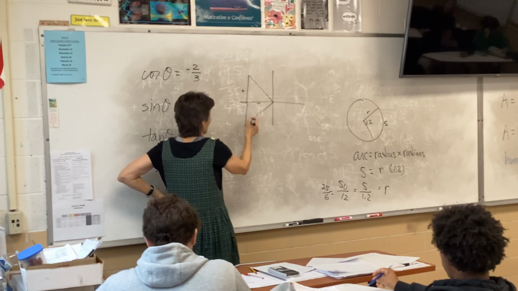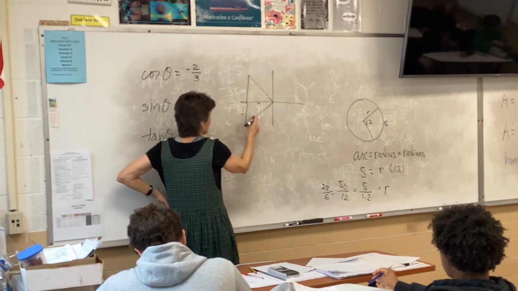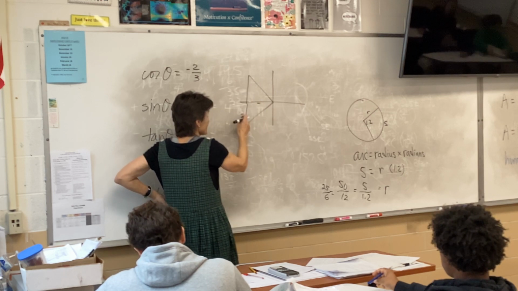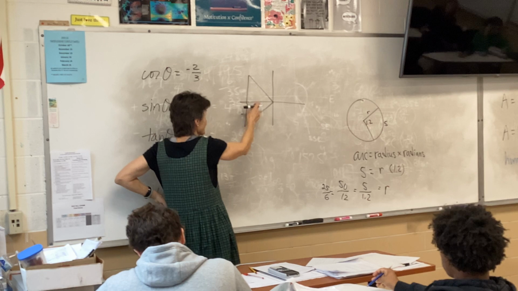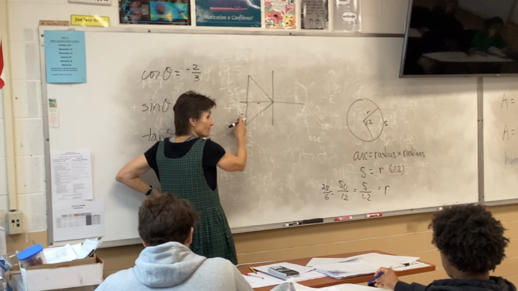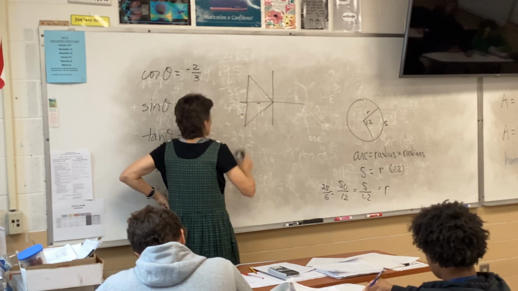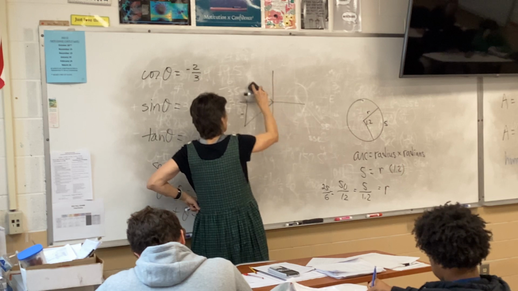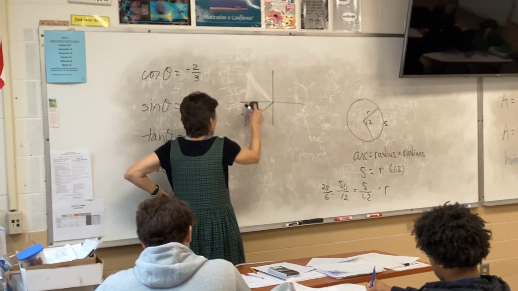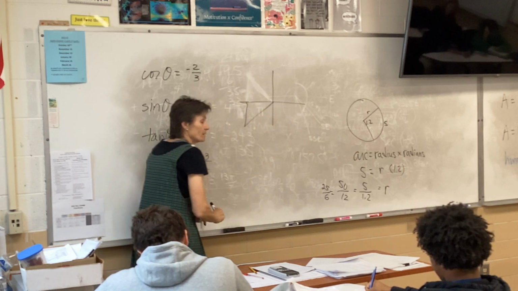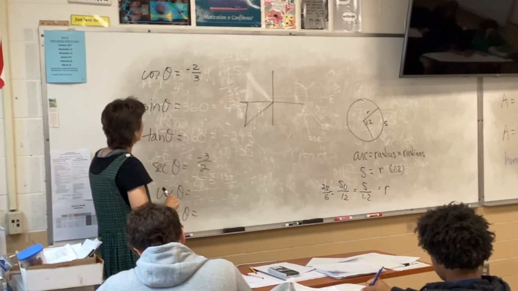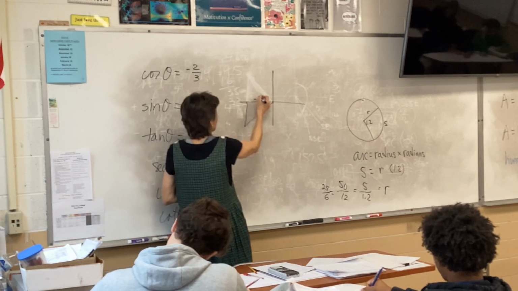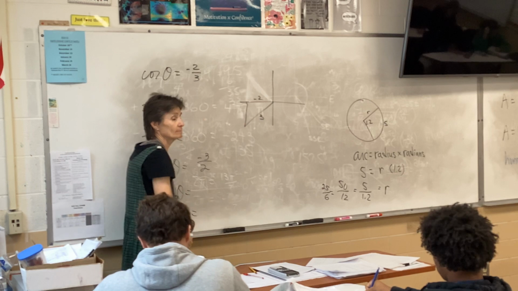No. What about down here? Down here, this and this would both be negative. If I did the tangent, would that be positive? So that tells me where I'm at. I'm in quadrant 3. So I have a picture in quadrant 3, and I know that the cosine is negative 2/3.